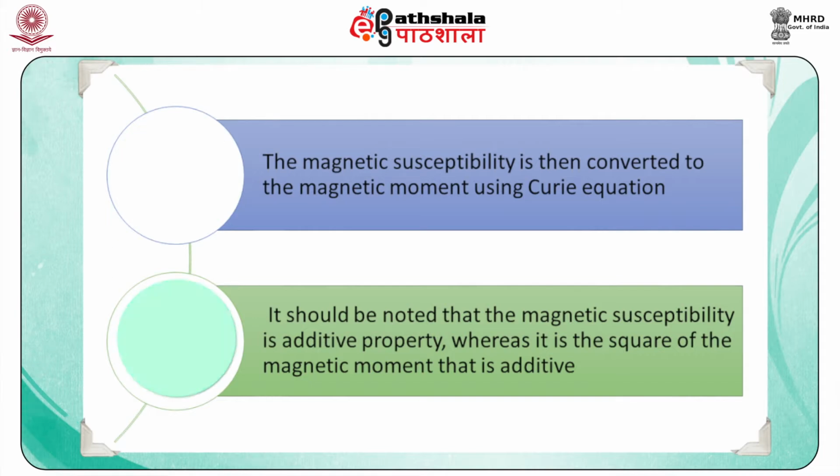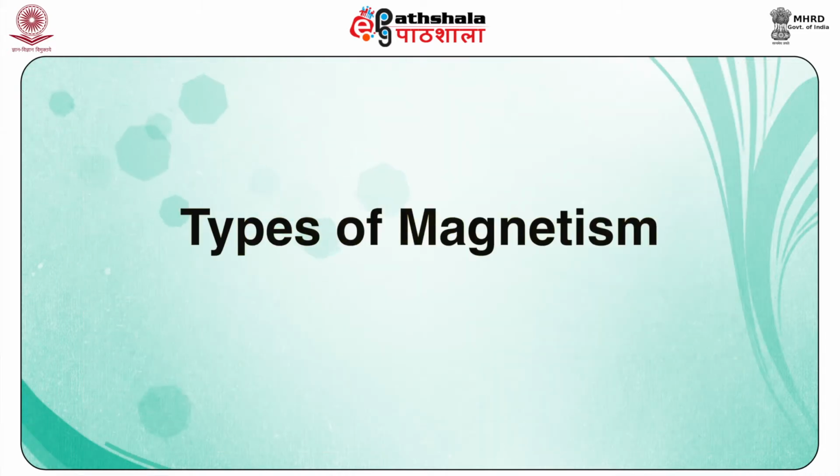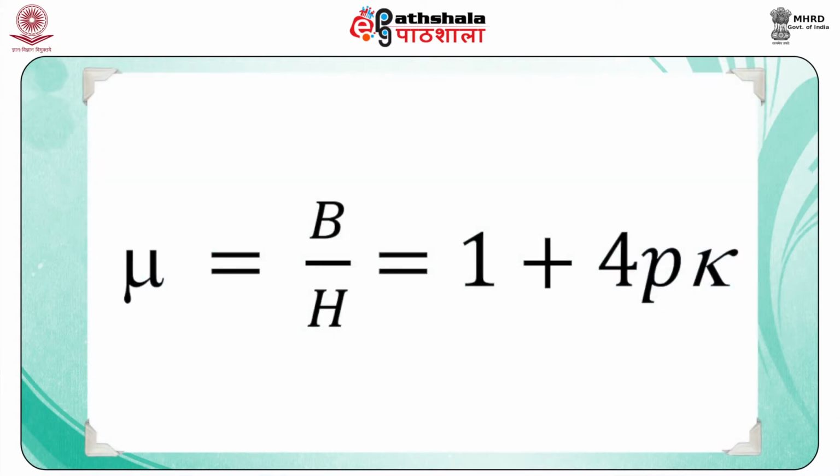It should be noted that magnetic susceptibility is an additive property, whereas it is the square of the magnetic moment that is additive. Types of magnetization. The relation mu is equal to B upon H is equal to 1 plus 4 pi kappa easily predicts two classes of magnetic bodies.